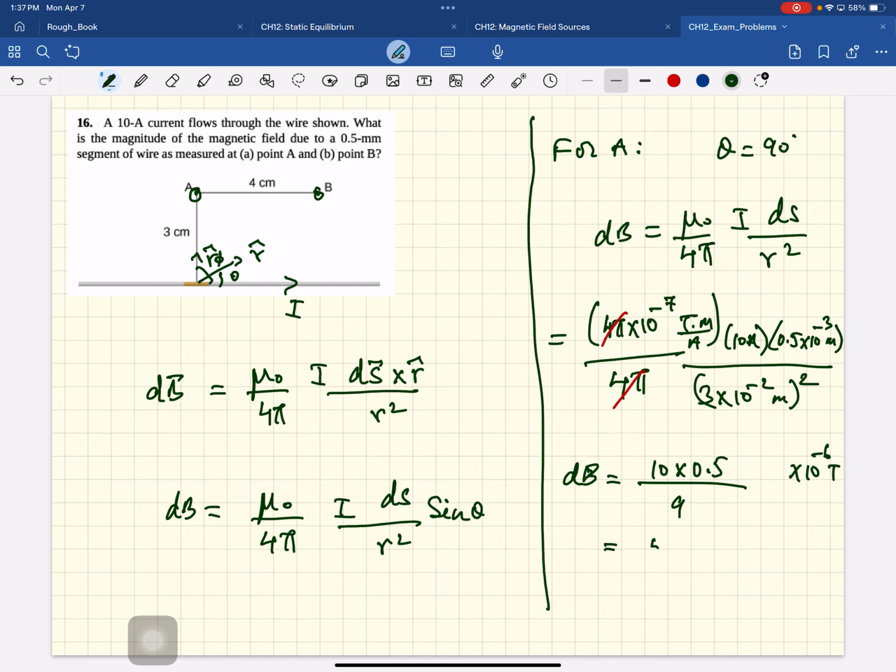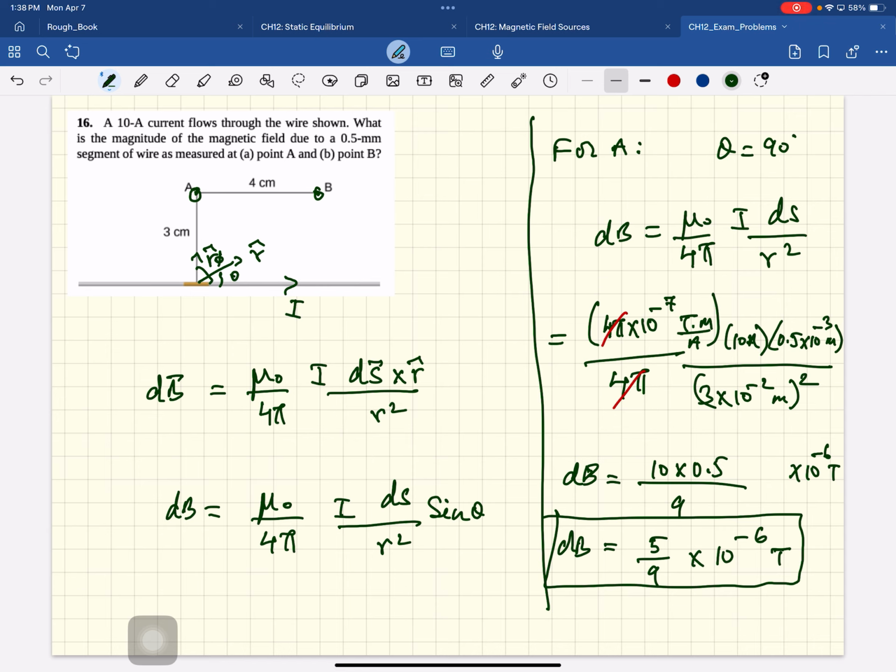So 5/9 microtesla. About half a microtesla. The Earth's magnetic field is half a Gauss, 0.5 times 10 to the minus 4 Tesla. So this is 100 times weaker.